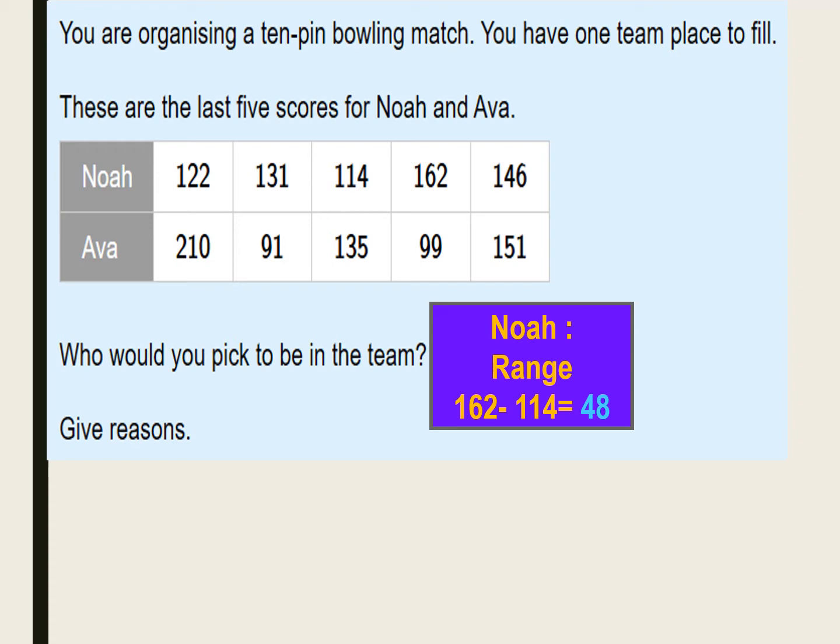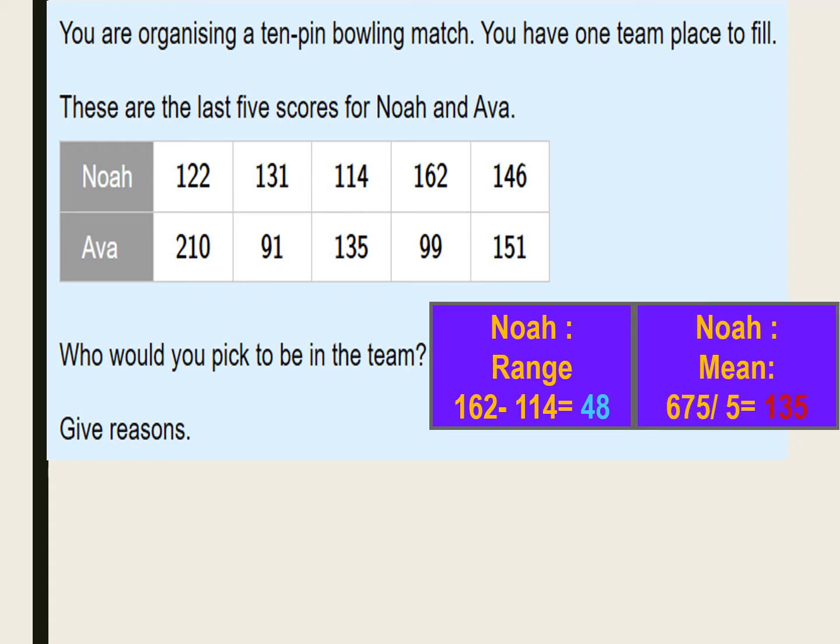The mean, you add all the numbers, 122 plus 131 plus 114 plus 162 plus 146, and divide it by 5. Don't forget to divide. You have 5 scores, so you have to divide by 5. So the total is 675 divided by 5 to get 135.